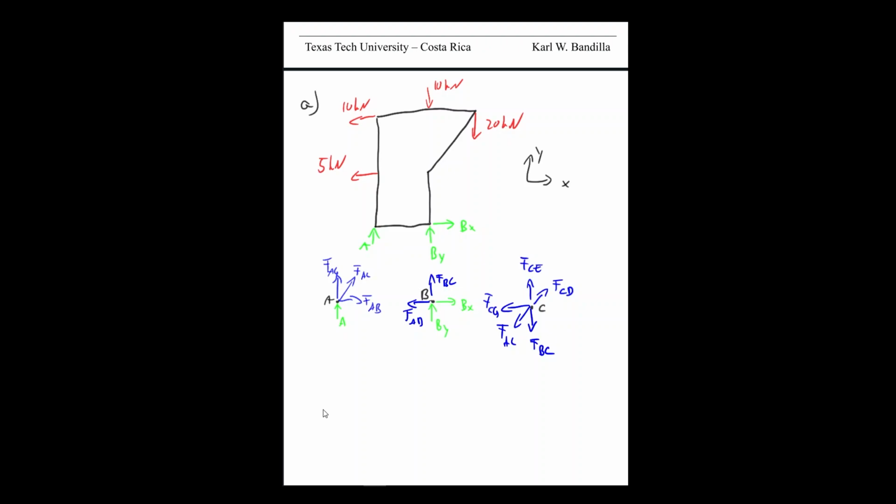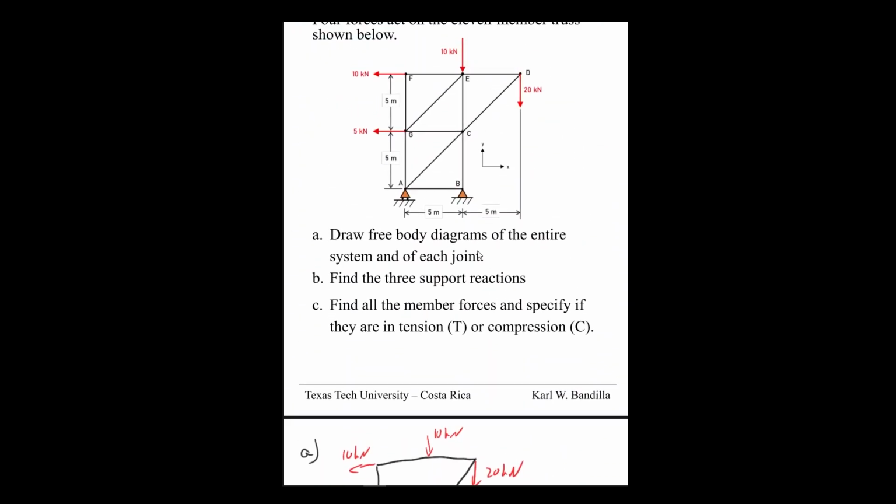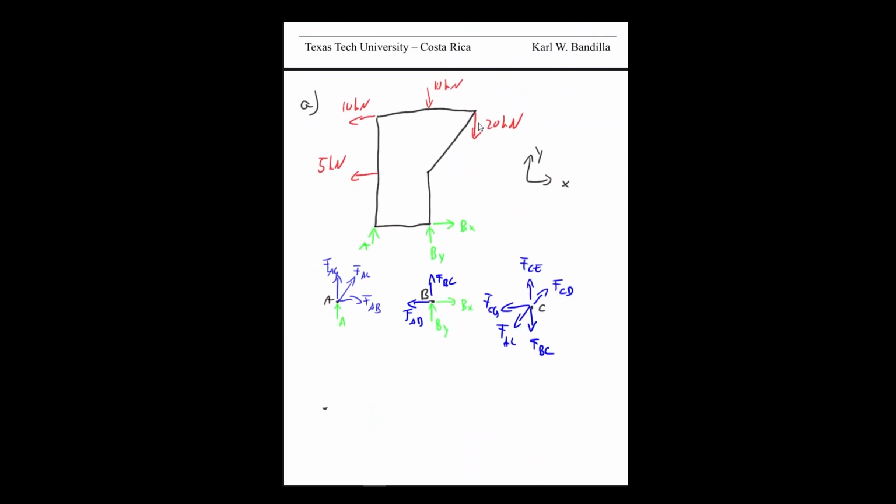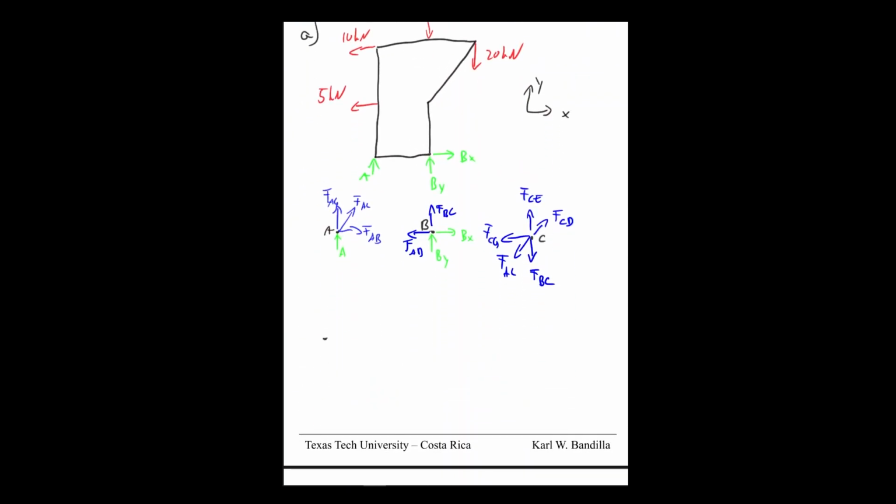Then let's do D. Maybe we can squeeze the rest in here. D is all the way up there. It has E and C and the load, which is 20 kilonewtons.